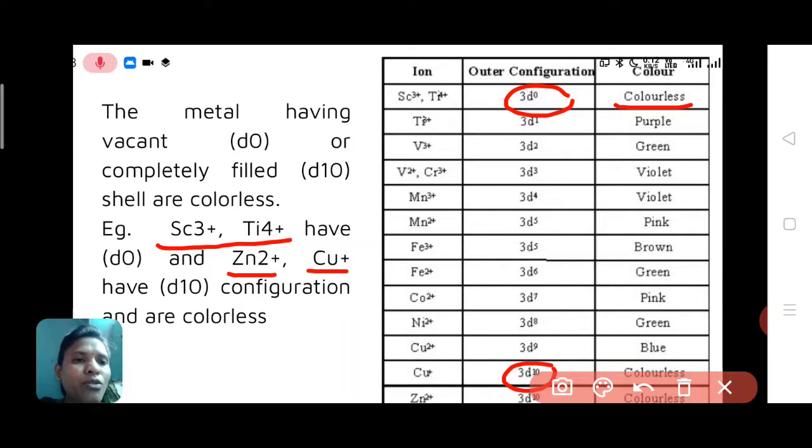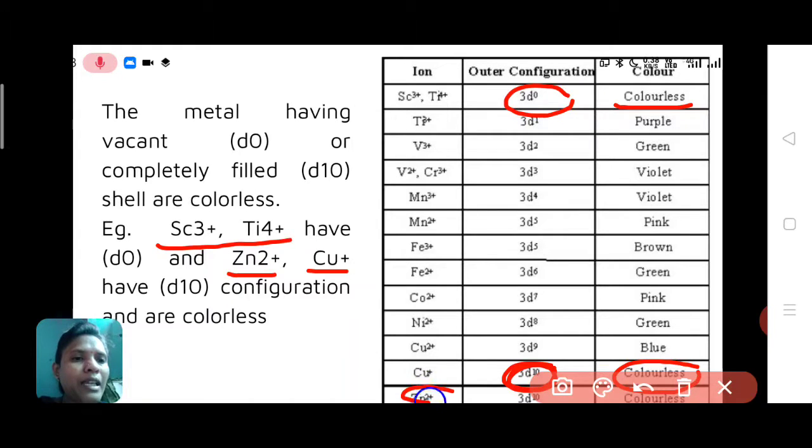So when copper is present in the +1 oxidation state, it has 3d10 configuration, and that's why there is no unpaired electron. So there is no promotion of electron from lower energy d orbital to higher energy d orbital. That's why it is also present in colorless form, because there is no promotion of electrons. So these electrons cannot absorb light energy, and that's why they appear colorless.